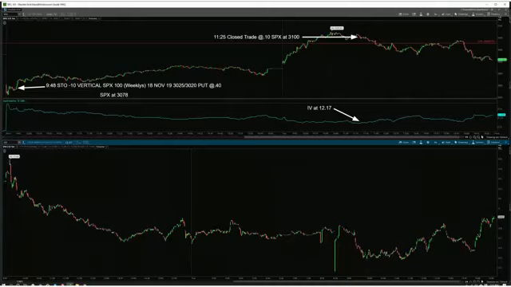I've been asked to put on a call credit spread, and the reason I'm not putting it on is this: if you look here, the call credit spread that I would have had to put on yesterday was 3025, 3020, to get about 35 cents. It was about a 0.07 delta, and it was at 35 cents that I would have been able to put on the trade.